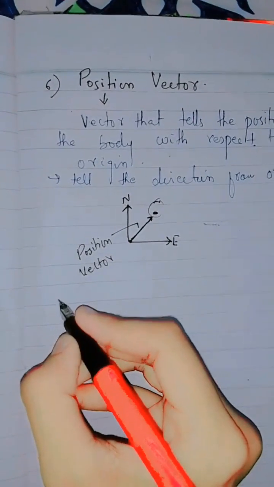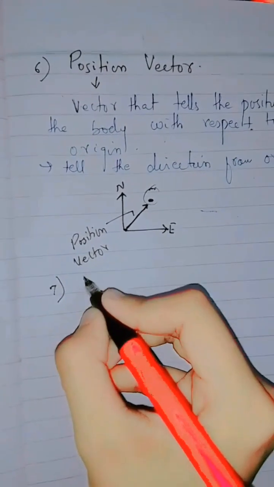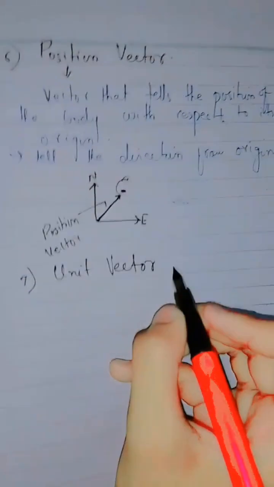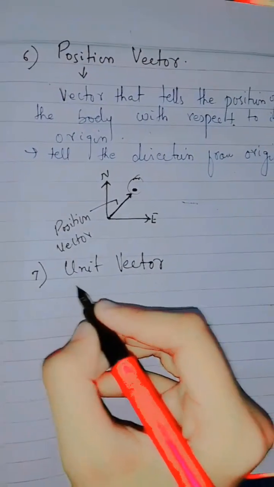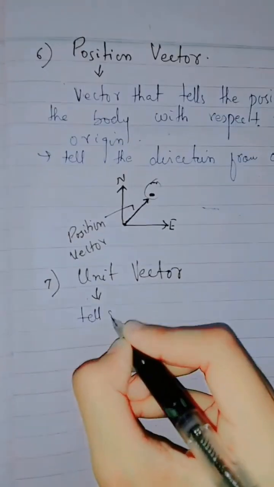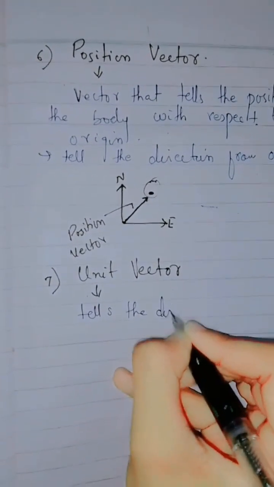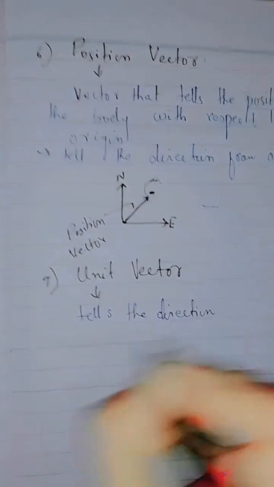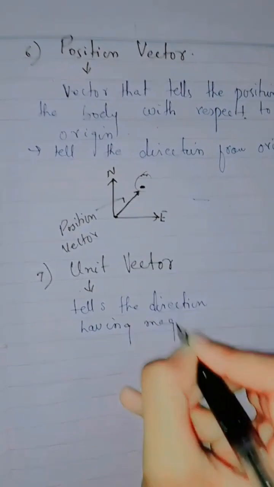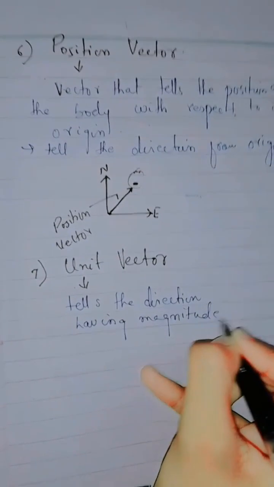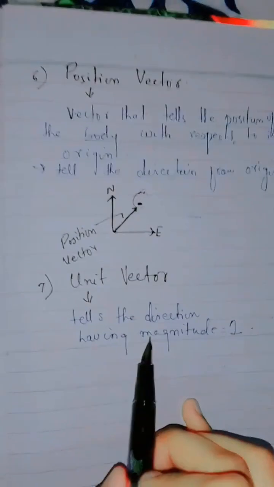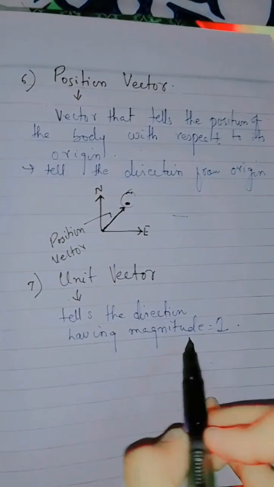Second, we are having the seventh type, that is a unit vector. What is unit vector? That tells the direction, having a magnitude 1. That is, it tells the direction and it is having a magnitude equal to 1.